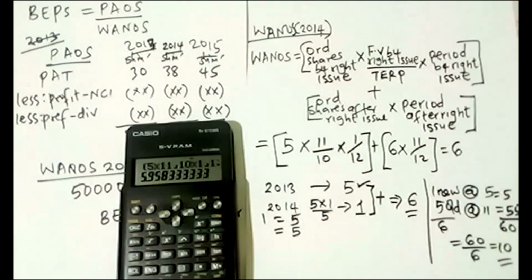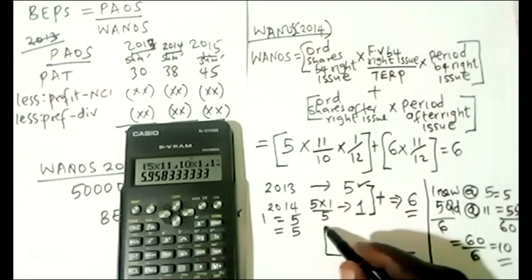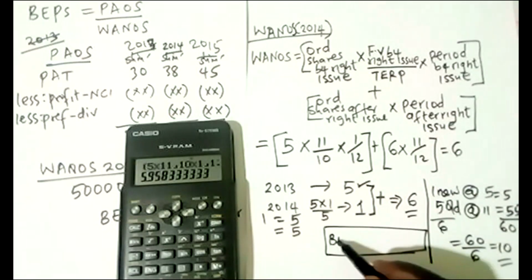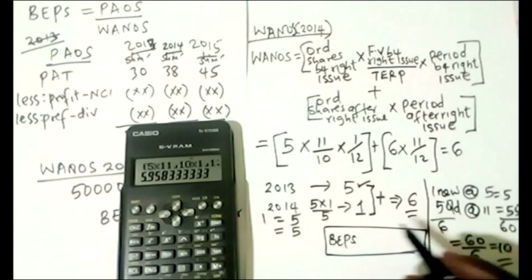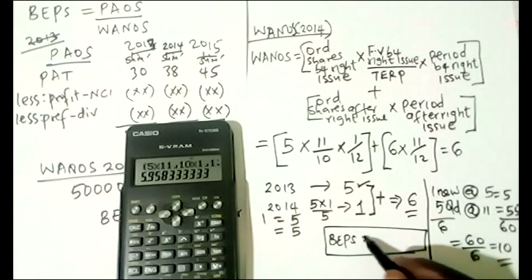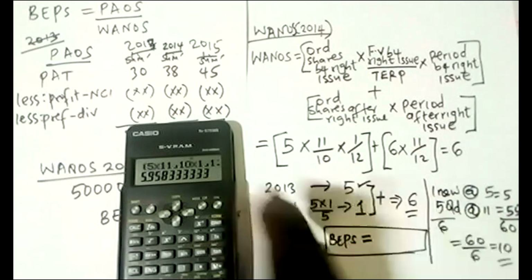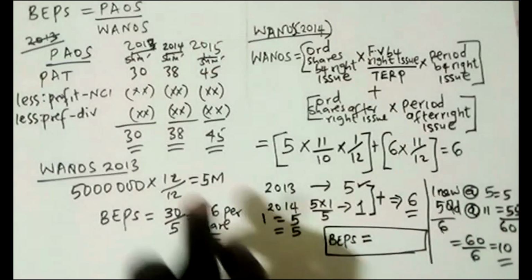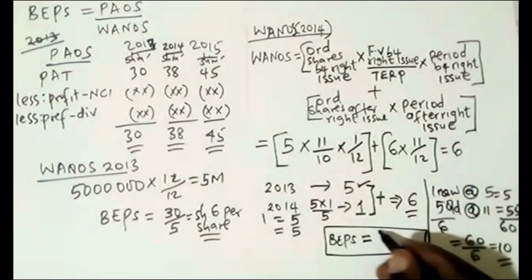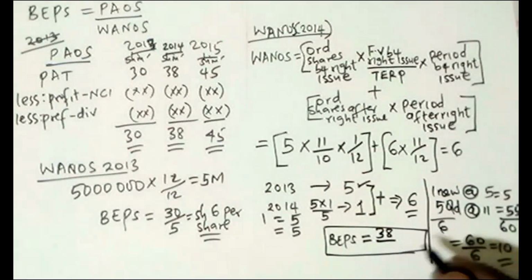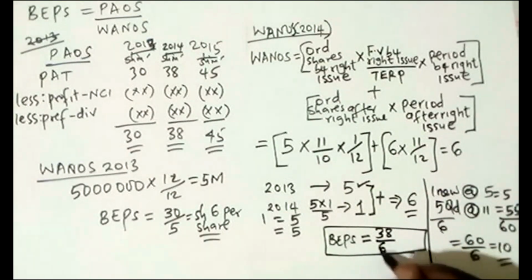So which means that our basic EPS for the year 2014 will be the 38, the figure we have here. The 38 we divide with 6.